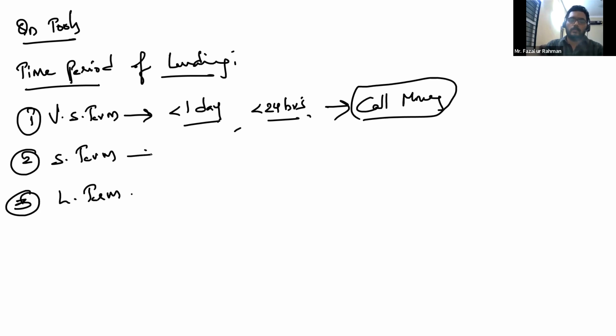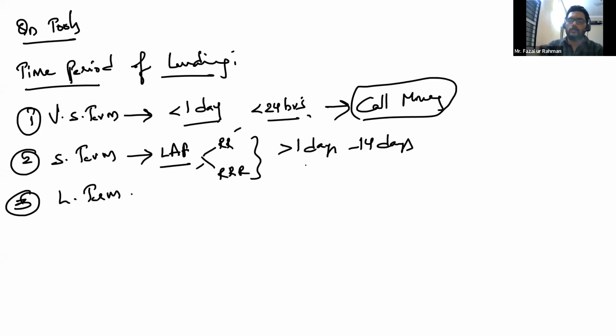Now, along with this, what is the short-term period? Short-term period includes your liquidity adjustment facility. I'll come to this because I made you write there. Liquidity adjustment facilities include your repo rate and your reverse repo rate, and the time period for this is greater than 1 day to 14 days.